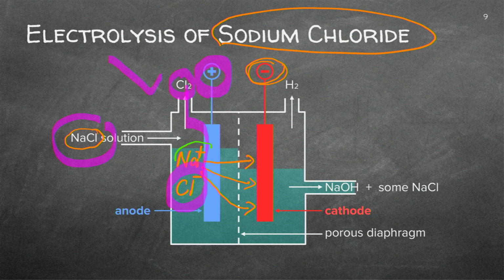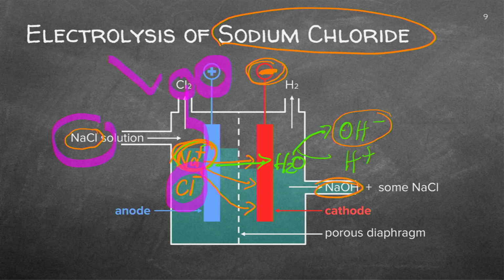I've got the sodium that's moving towards this side. If I put water into this side, I'll get the water to separate into hydroxide and hydrogen. So the hydroxide, you can see here, will be pushed away from this negative. It will bind with this sodium, and you'll find sodium hydroxide.